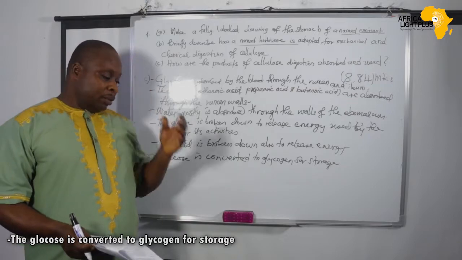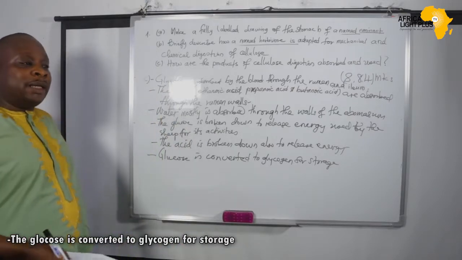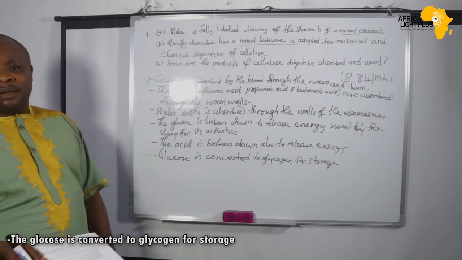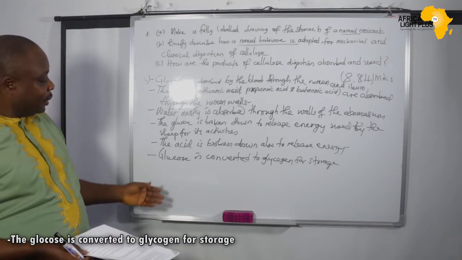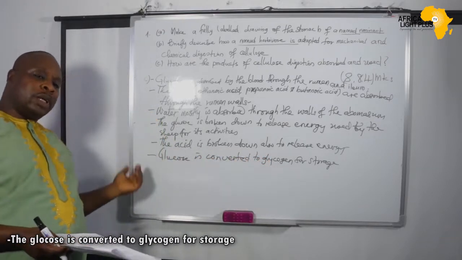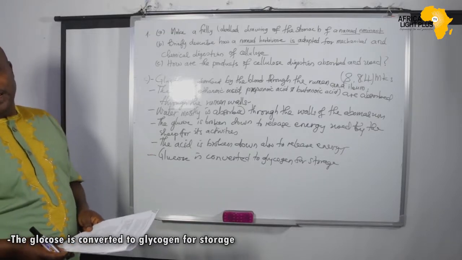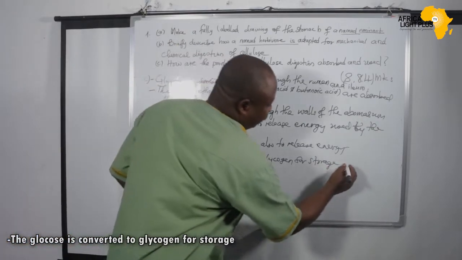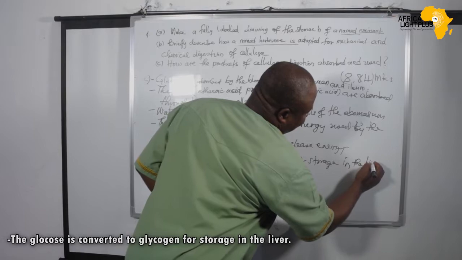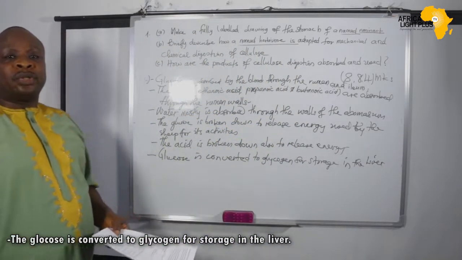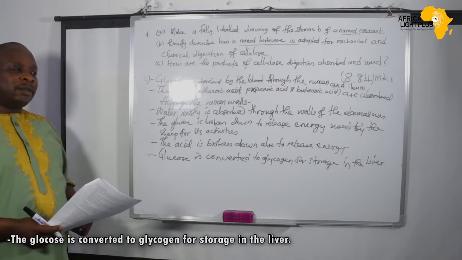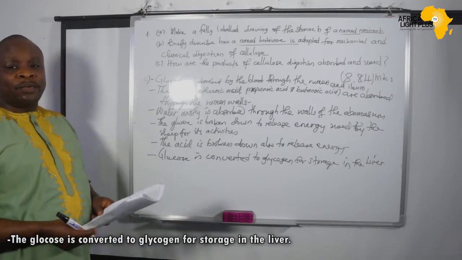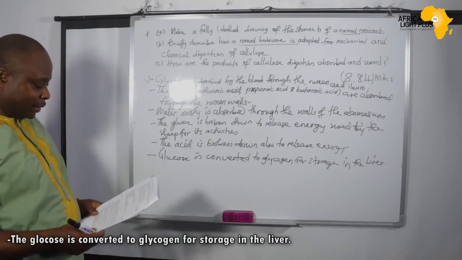You know, so that if the animal needs energy and has not eaten grass, this glycogen can be broken down to liberate glucose in the meantime. It is stored in the liver, because the liver does most of the storage of animal glycogen. Glycogen is the storage form of carbohydrate in animals.